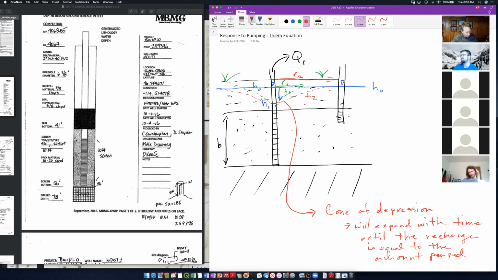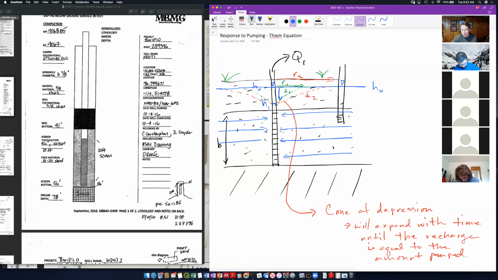Okay. All right. So when I get this cone of depression, my groundwater will flow from this higher head to the lower head. And so I get groundwater flow moving radially to my well.